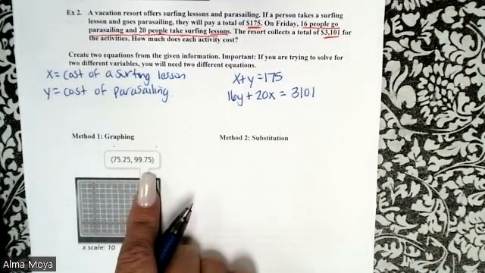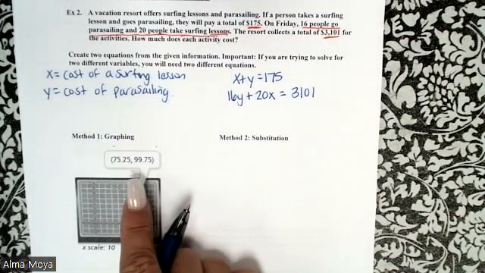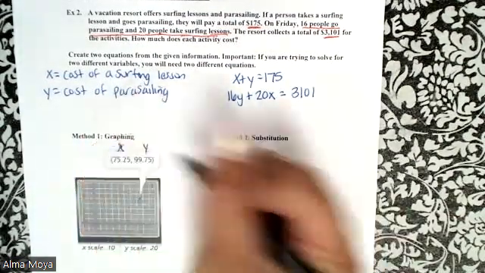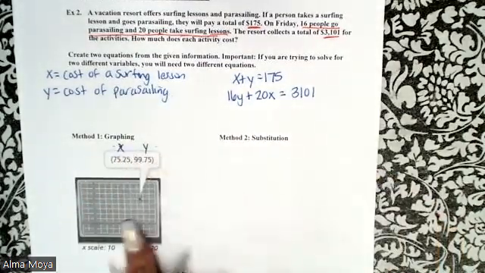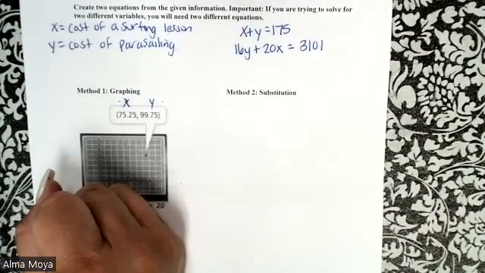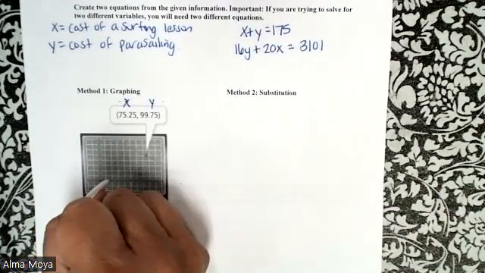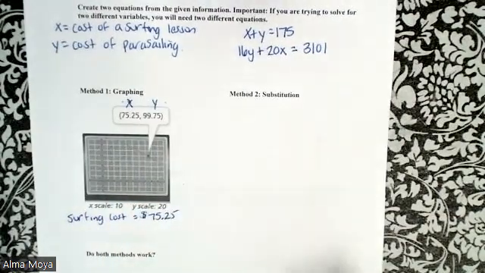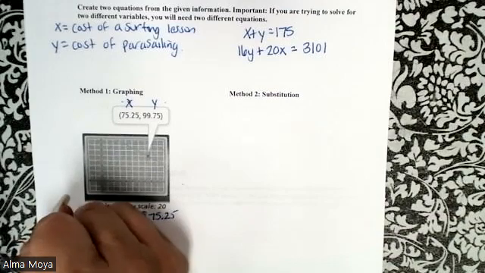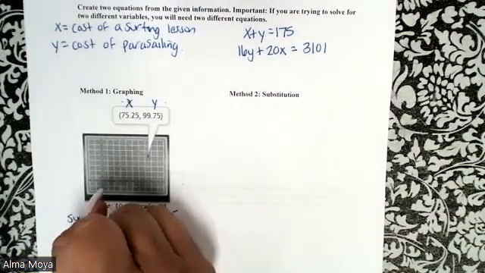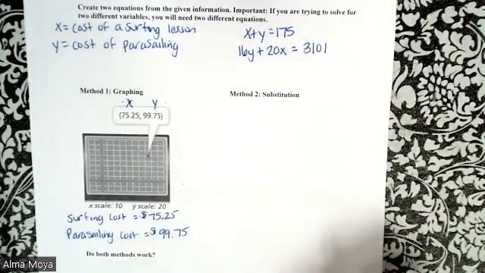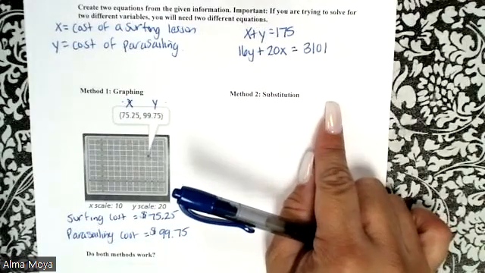Remember that X is going to be the surfing lesson, that's X, that's Y. So basically just from the graph, the surfing costs $75.25, and the parasailing costs $99.75. I'm going to go ahead and solve this by substitution.